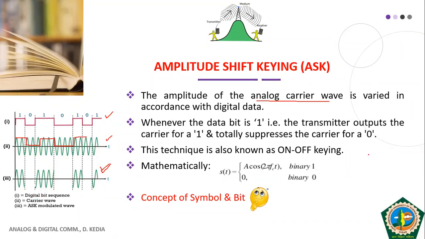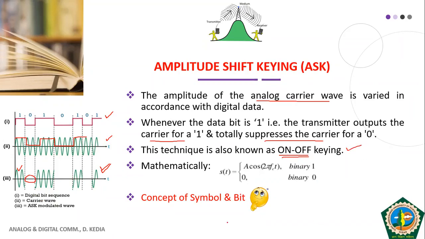So during 1, my transmitter outputs the carrier, meaning carrier will be present during 1, and during 0 it will suppress the carrier, meaning carrier will remain absent during the 0. That's why we call ASK on-off keying. Fine.